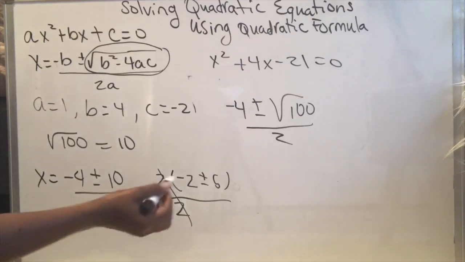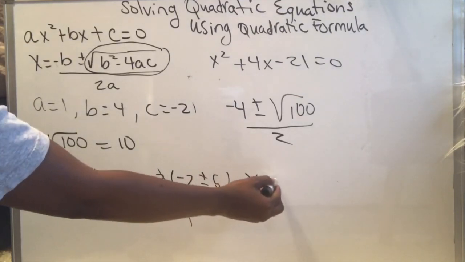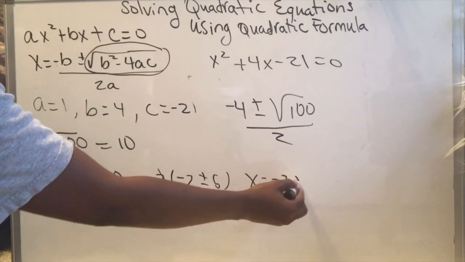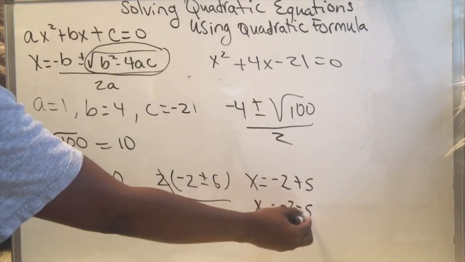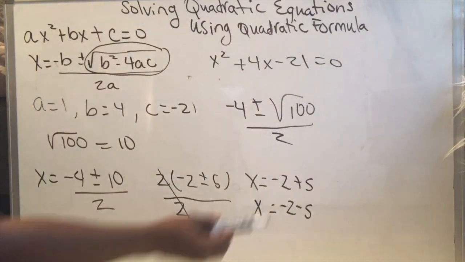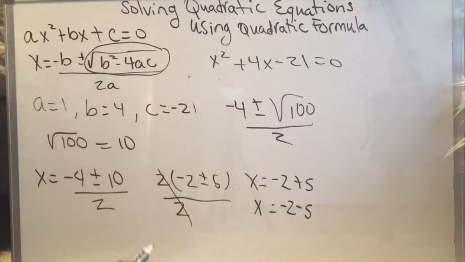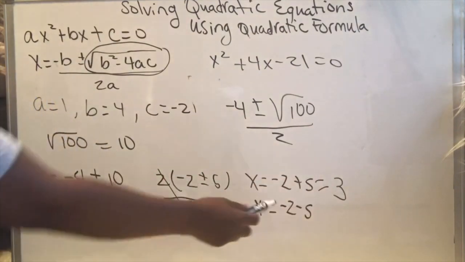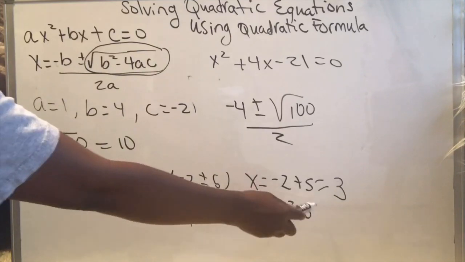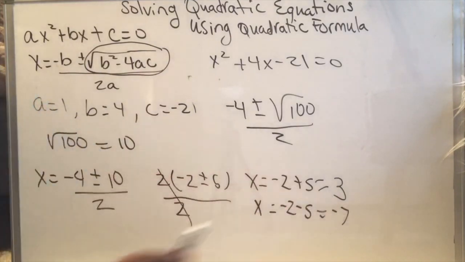So we're left with x equals negative 2 plus 5, and x equals negative 2 minus 5, and we can simplify that. Negative 2 plus 5 is 5 minus 2, which is 3. And negative 2 minus 5 is negative 7. So those are my two answers.